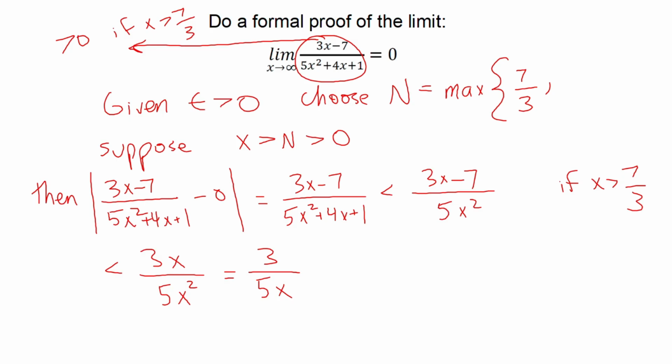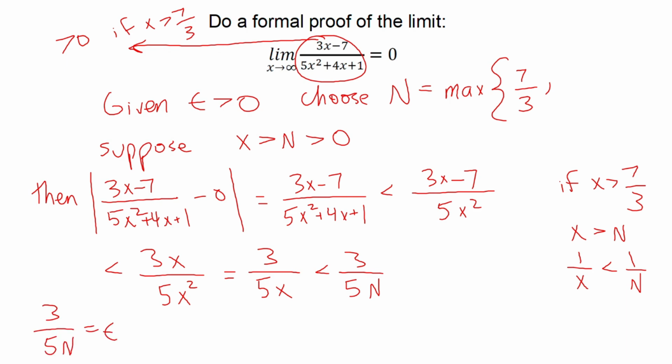And since we know that x is greater than n, we know that 1 over x is less than 1 over n. So we can say that this is less than 3 over 5n. And if we just let 3 over 5n equal epsilon, then we end up with n equal to 3 over 5 epsilon.